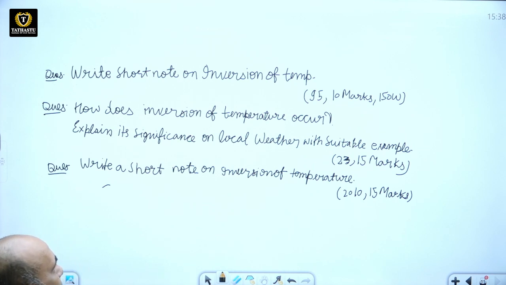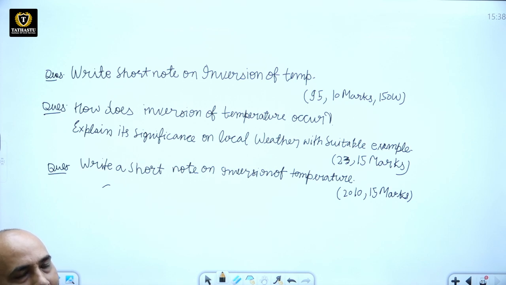Now temperature inversion, inversion of temperature. 3 questions are there, 95, 2010 and 23. Means in the mains geography optional, questions are repeated. Means if someone has seriously done the PYQs, they are not required to go to a test series.